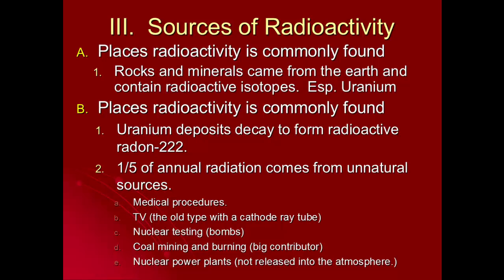The old TVs had cathode ray tubes, and those were actually sources of radiation because they create the picture by knocking off your electrons. So that would expose you to radiation. Nuclear testing, this was really a problem a generation or two ago.